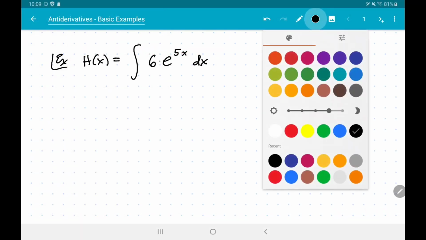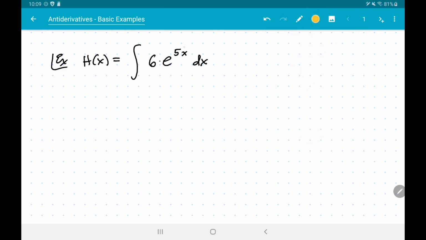Okay, now you can see again there's an exponential component, but we can't forget that there's actually another operation, multiplication by the constant 6. So before we start dealing with the e, we'll keep multiplication by 6.